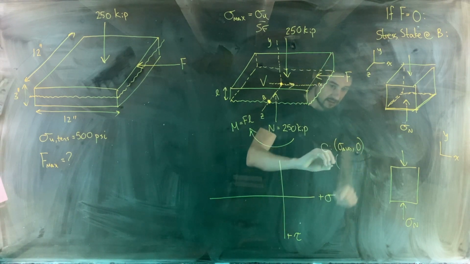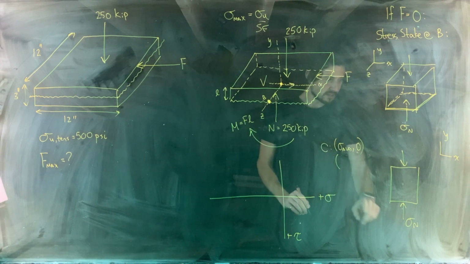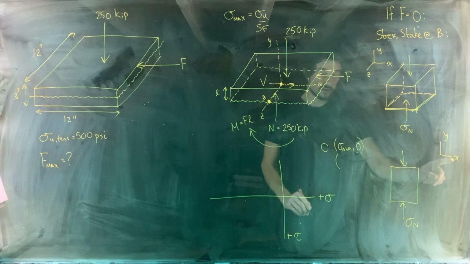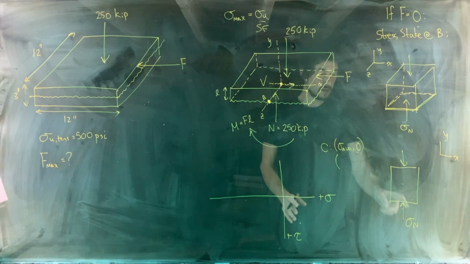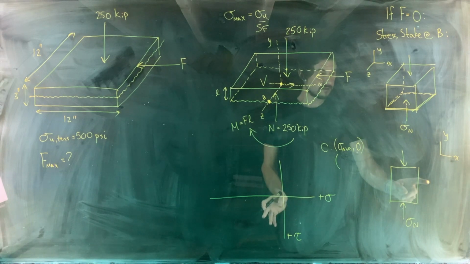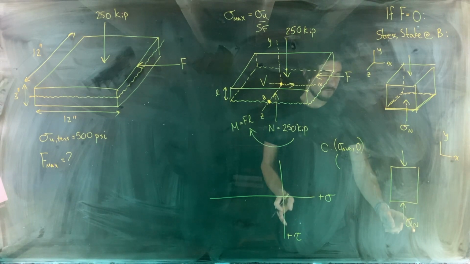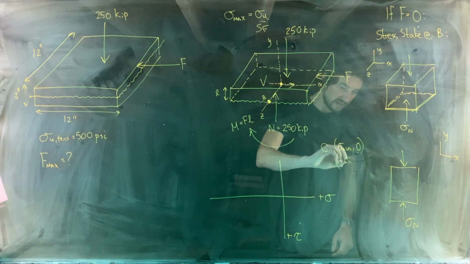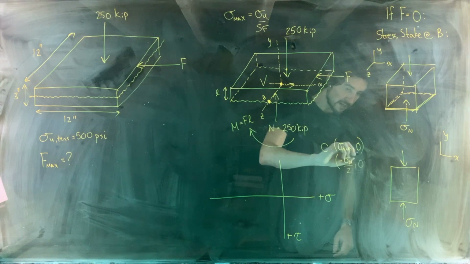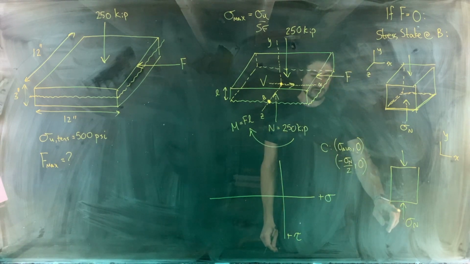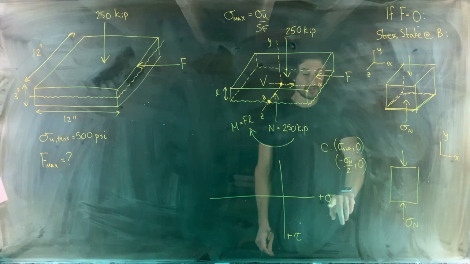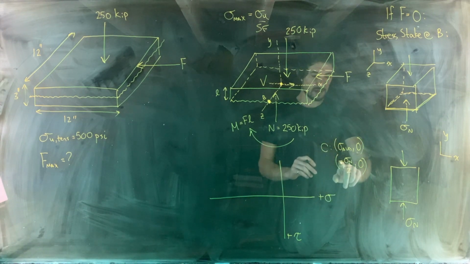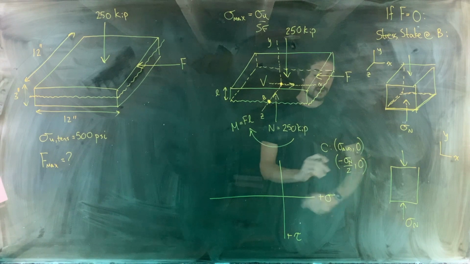In this case, the average normal stress is the stress in the y direction plus the normal stress in the x direction divided by 2. We have no normal stress in the x direction, so we just have half of sigma n for the average normal stress. And this goes in as a negative because that normal stress is compressive, and we define a positive normal stress as being a tensile normal stress. So the center of the circle is at minus sigma n over 2.